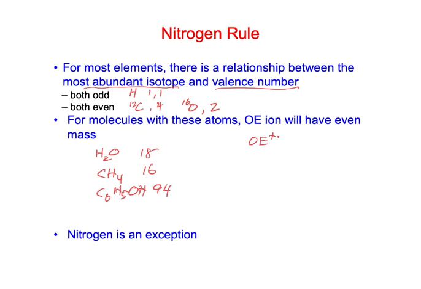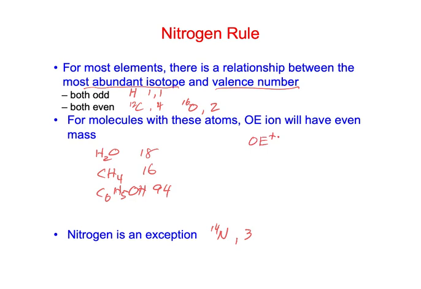Because nitrogen has an isotope of nitrogen 14, right? And it has a valence of 3.